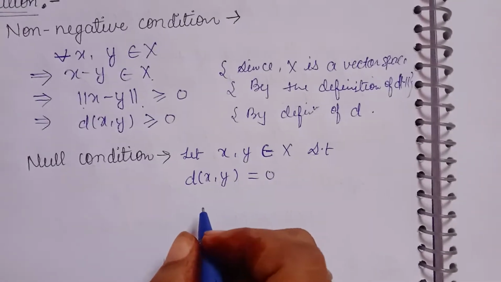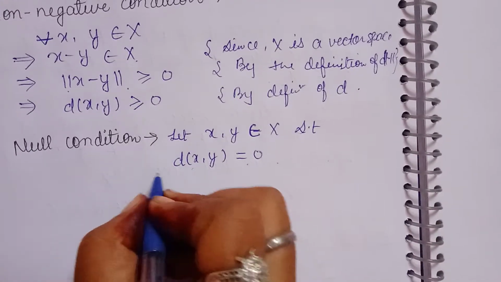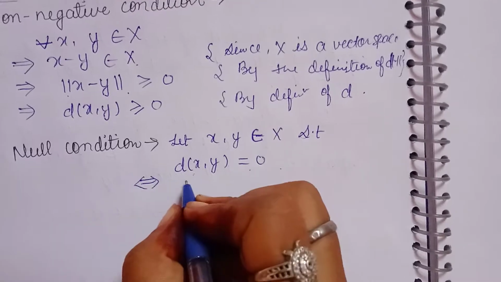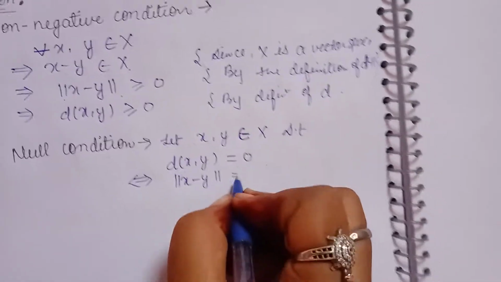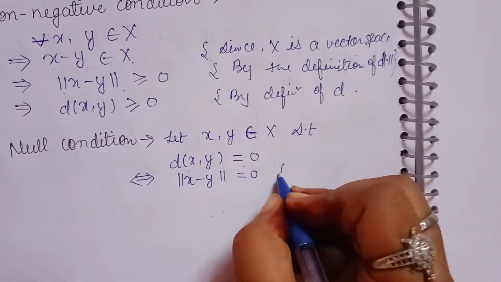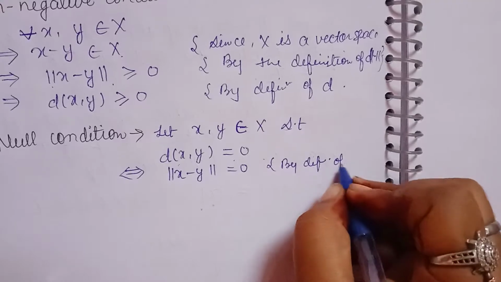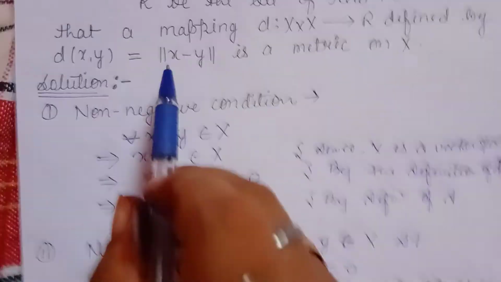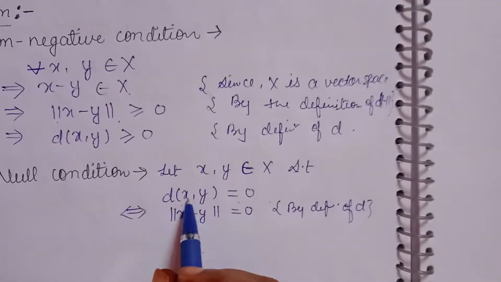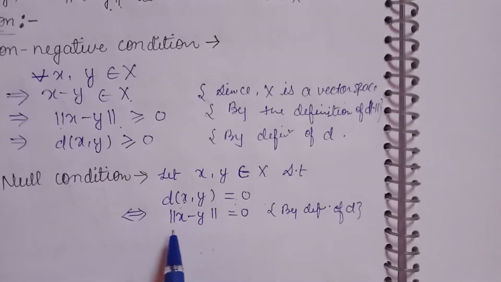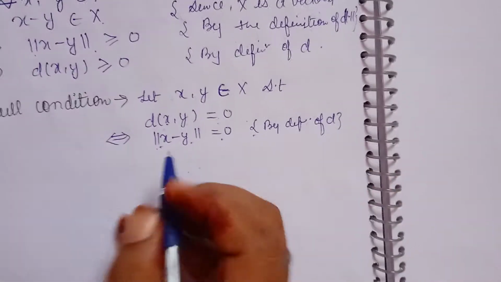By the property of metric space, d(x,y) is 0 if and only if norm of x minus y is equal to 0, by the definition of d. The definition of d is that d(x,y) is equal to norm of x minus y. So here d(x,y) is equal to 0 if and only if x minus y is equal to 0.